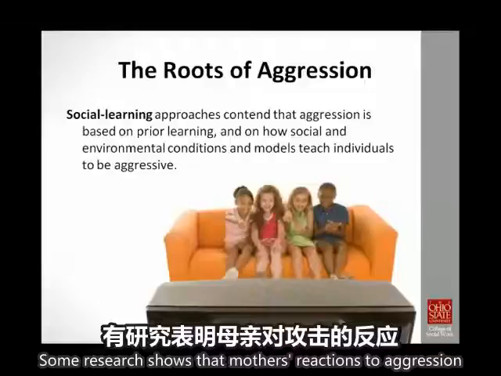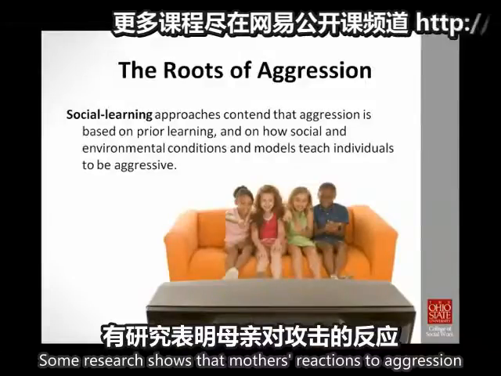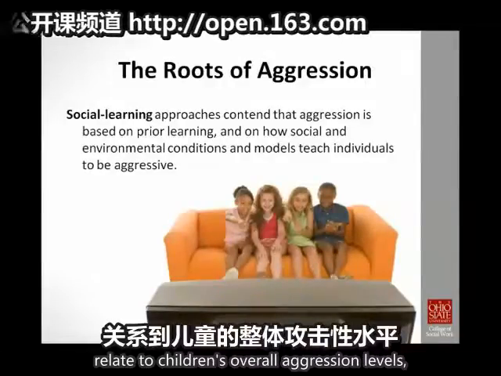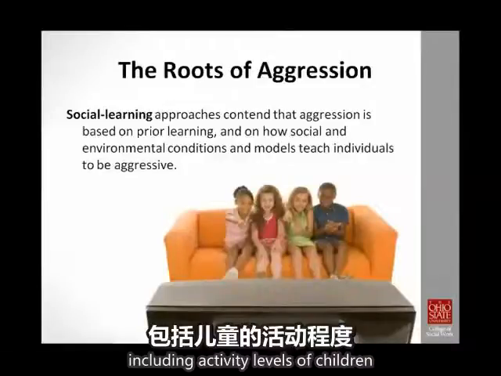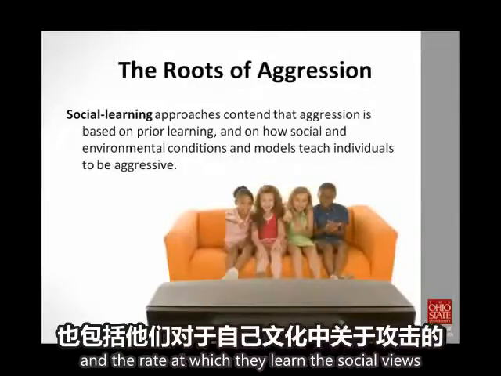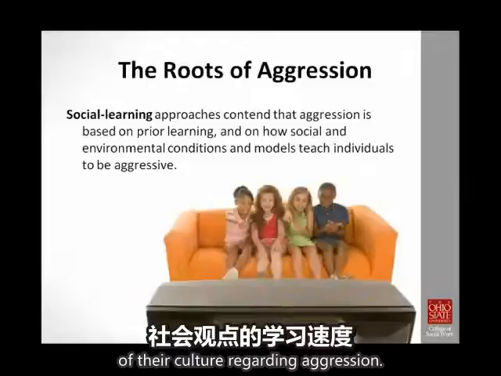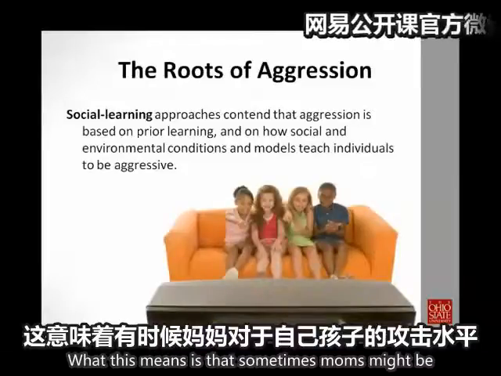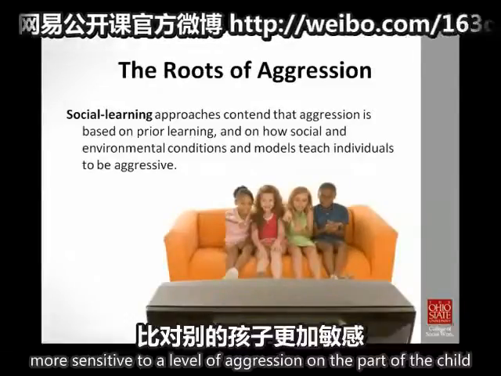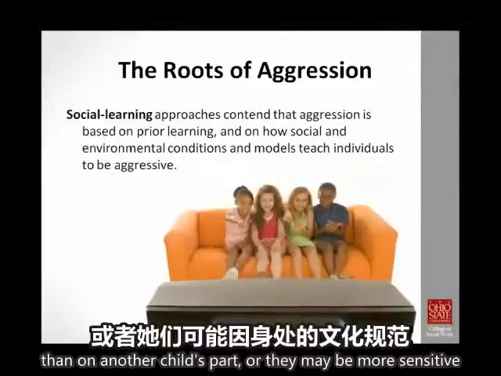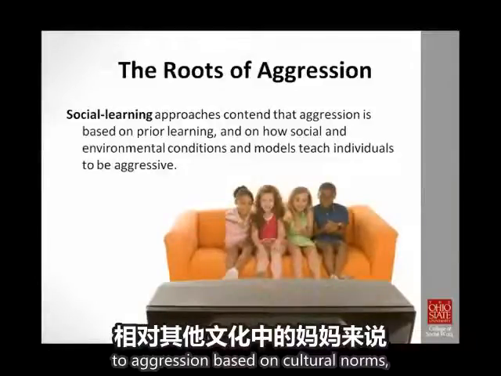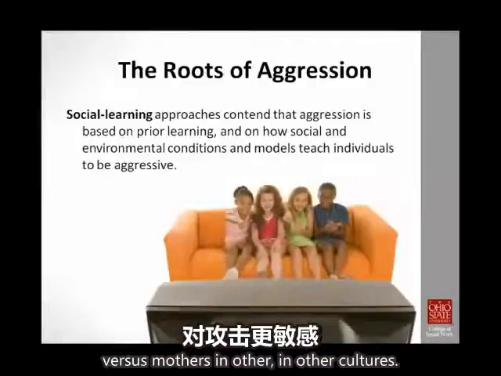Some research shows that mothers' reactions to aggression relate to children's overall aggression levels. But this relation is complicated by lots of variables, including activity levels of children and the rate at which they learn the social views of their culture regarding aggression. What this means is that sometimes moms might be more sensitive to a level of aggression on the part of one child than on another child's part, or they may be more sensitive to aggression based on cultural norms versus mothers in other cultures.